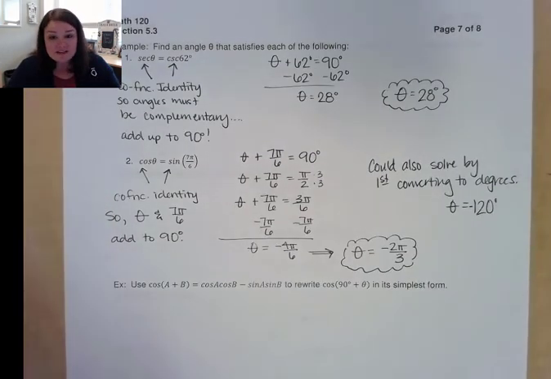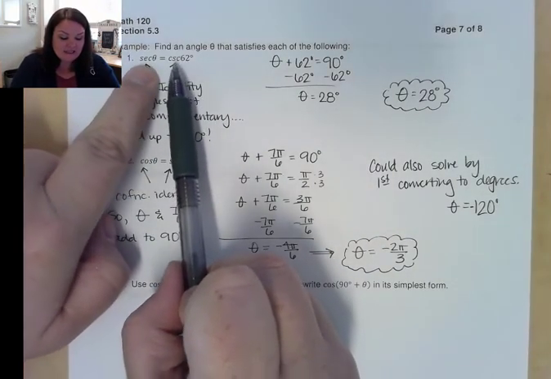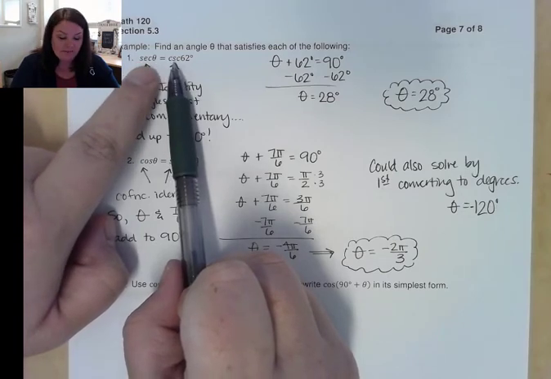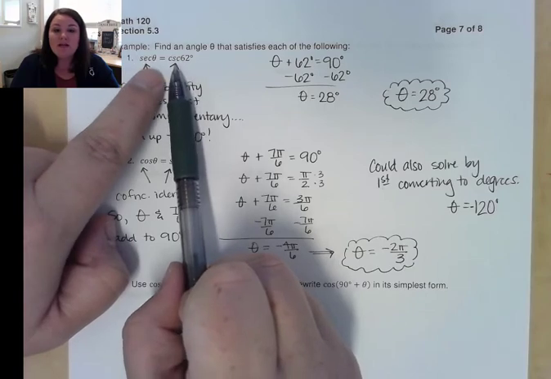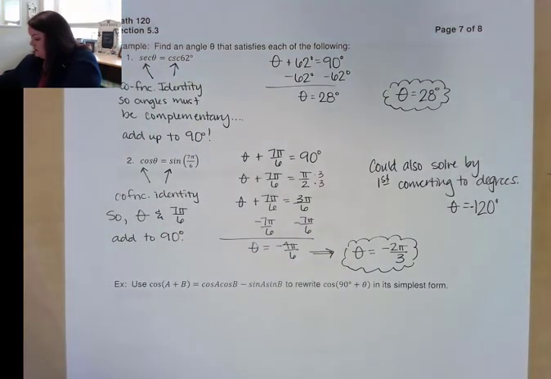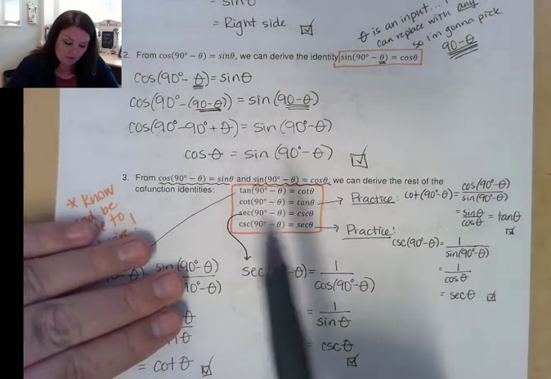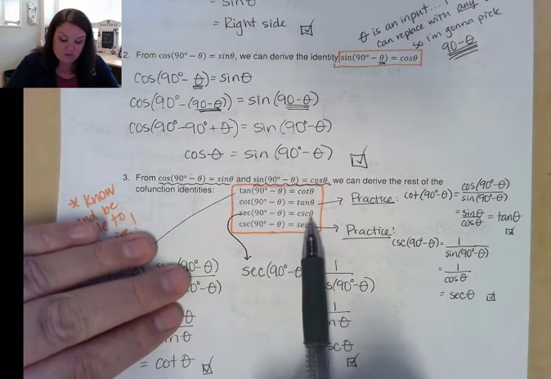Okay, let's see how you did. So on this one, same idea. If you see a secant and a cosecant value equaling each other, and the angles are different, the only time that is true is if you're dealing with a cofunction identity, all those identities on that last page that we just proved. The only time you have a secant and a cosecant identity equal to each other is when the two angles are complementary.